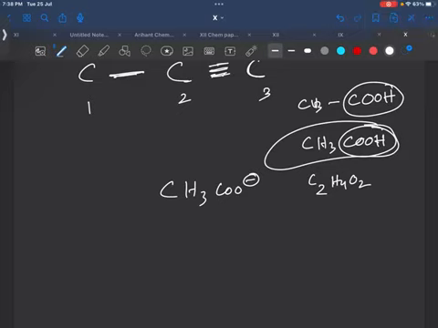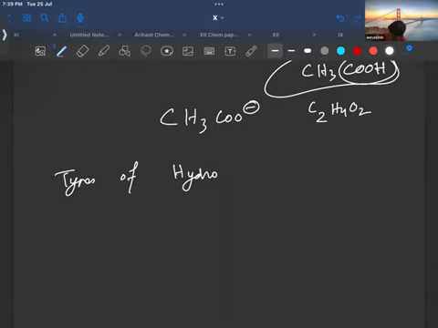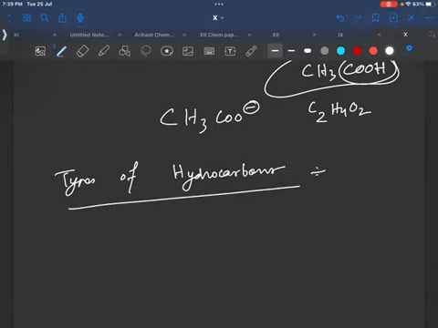Next, write down types of hydrocarbons. You have saturated and unsaturated. First is saturated, second is unsaturated.